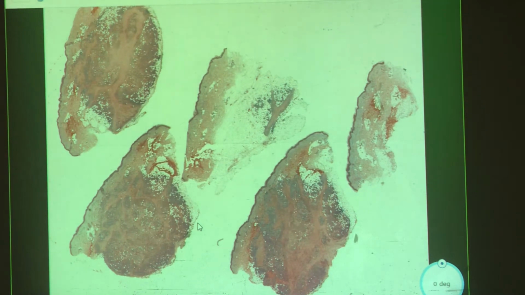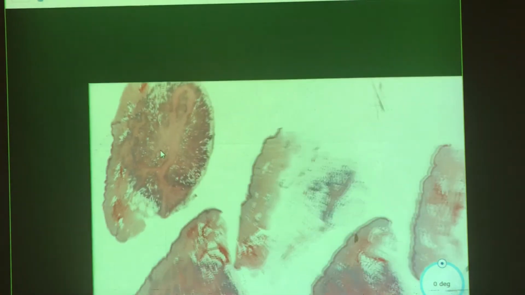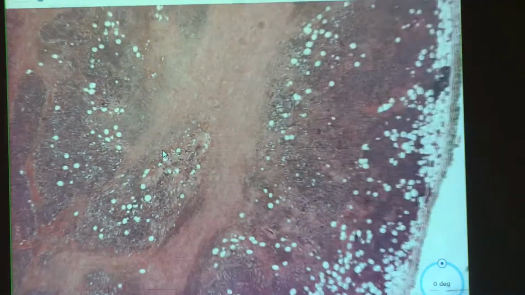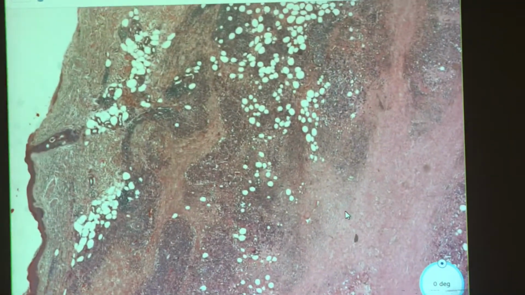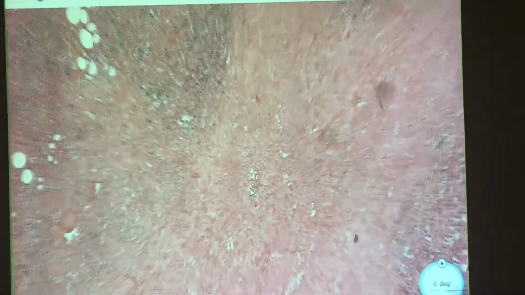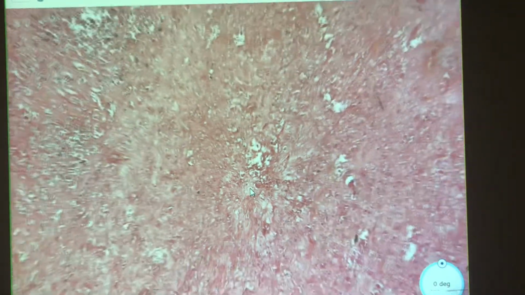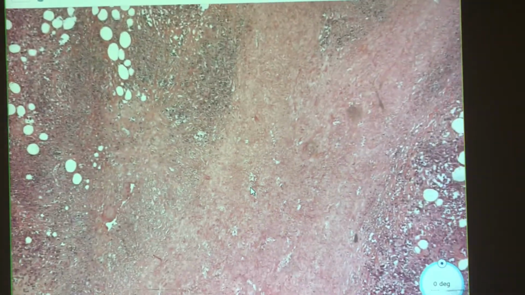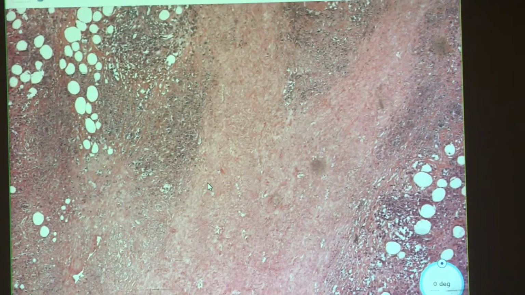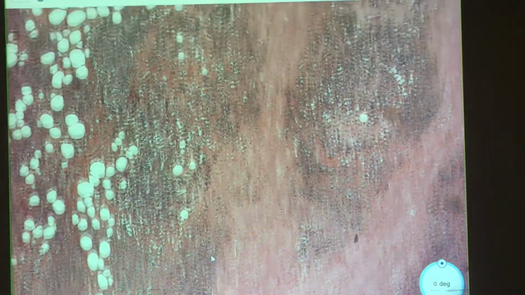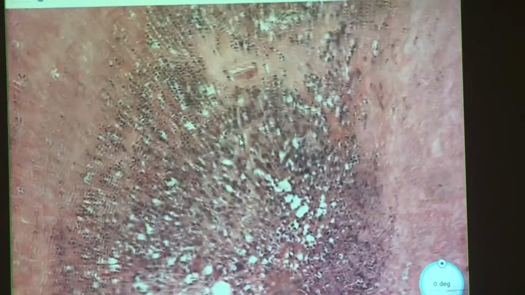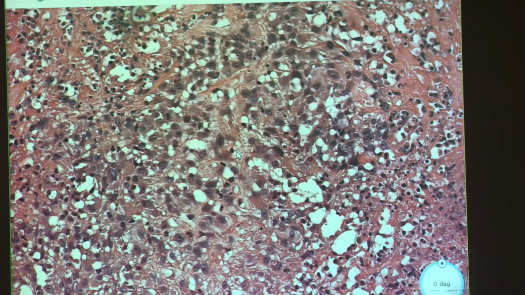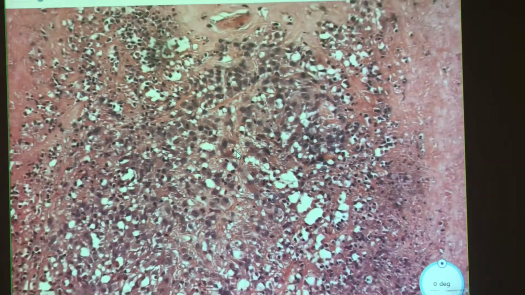Case 6. More skin, a little less cellular. Going to just go on higher power just to see what this is. Looks necrotic. And there seems to be a bunch of inflammatory cells.